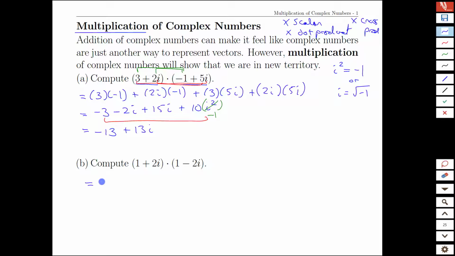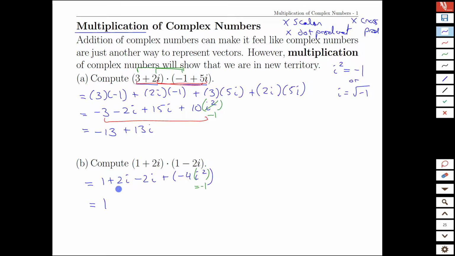So 1 times 1 is 1, 2i times 1 is 2i, we'll have 1 times negative 2i, and then 2i and negative 2i is negative 4i squared for that final term. We do that same translation, that i squared is equal to negative 1, and rewrite a little bit here.